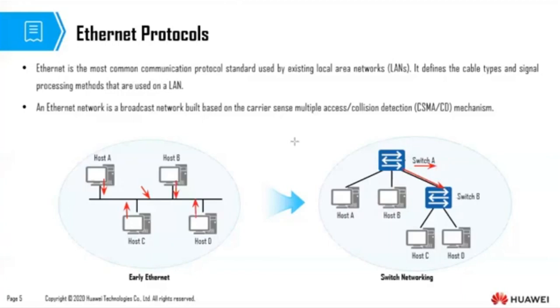The other thing that this one does is that it separates the collision domains. We are going to see what collision domains are shortly. But generally, we've already agreed that when we send at the same time, there's a chance that packets can collide because we are using a shared medium.